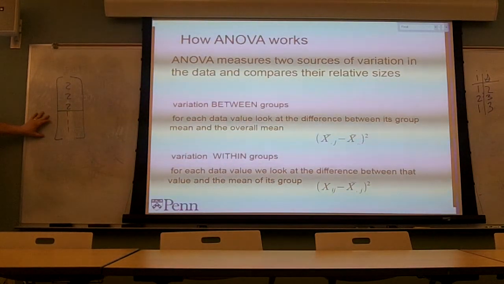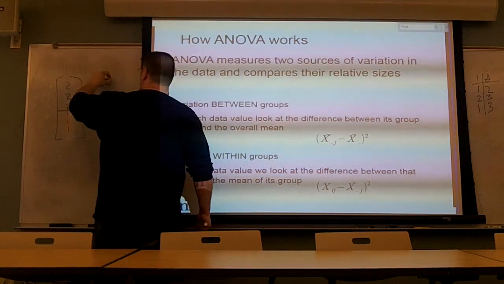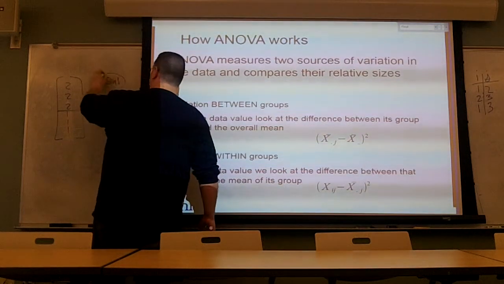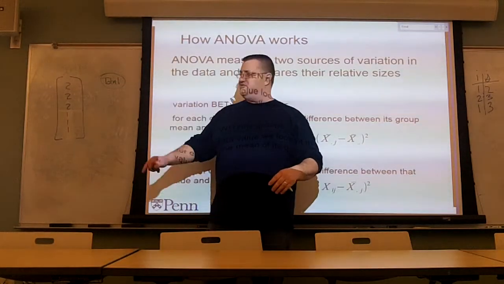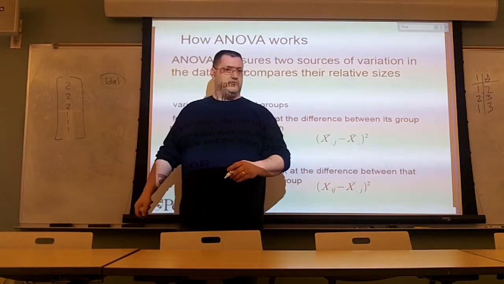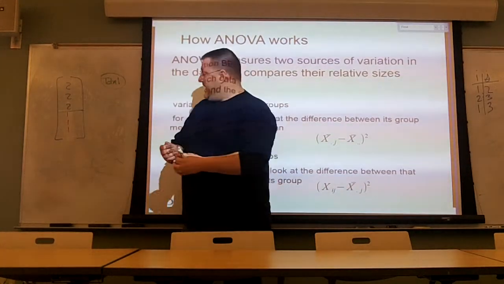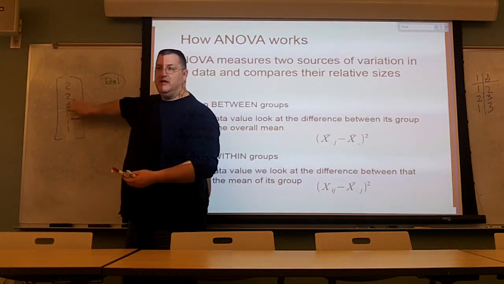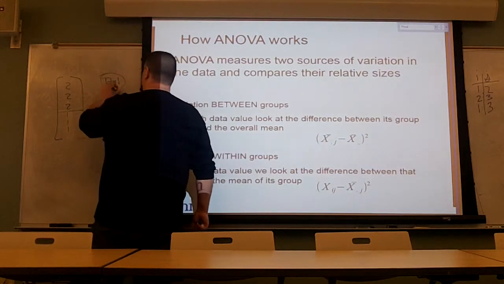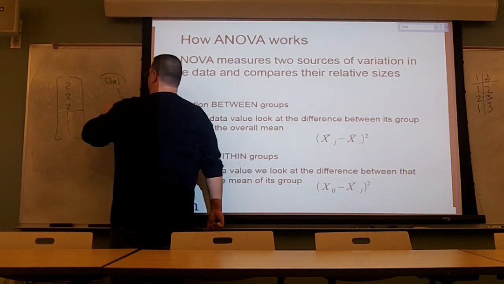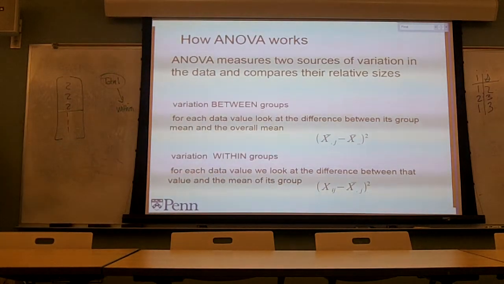Right? So now we can think about variance. We can think about variance as total variance. That's what we had before we put any structure on the data. This is the total amount of variability in our outcome, right? Let's put that structure back on the data. Is there any variability within each of the groups, within each of the levels? No. So there's going to be variability within a level of a factor.